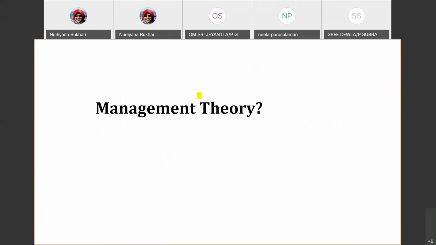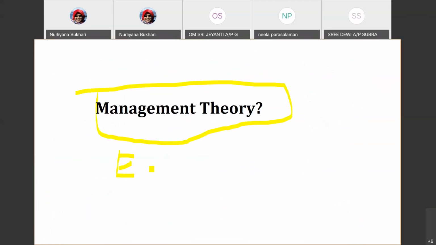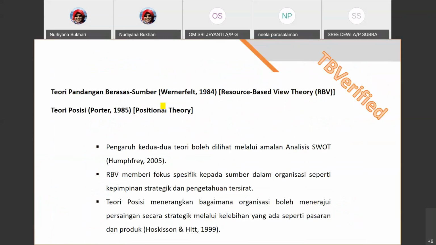I'm going to cut through. I think those are management theories, maybe education and management theory. I have to say that from now on, this one is from my last semester student from a matriculation college in Malaysia.